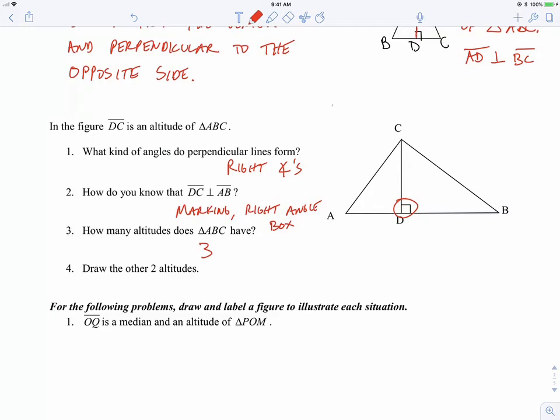So if we want to draw the other ones, I have to start at a vertex. So I'll start at A. And if I have to go perpendicular to BC, it looks like it's maybe right along that side. So it could be slightly less, maybe like that. It could always be one of the sides of the triangle. That could work out.